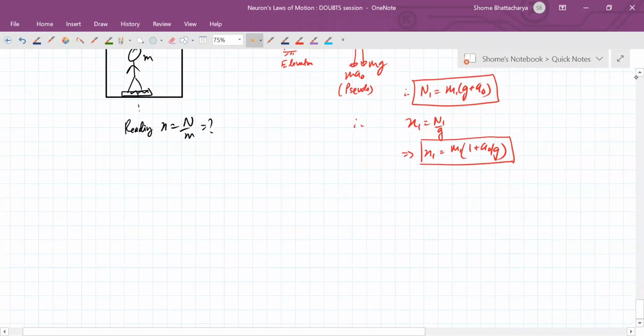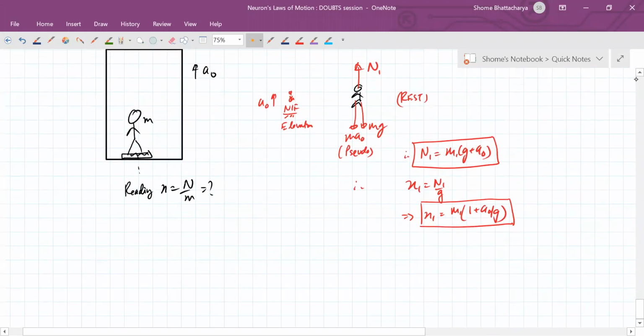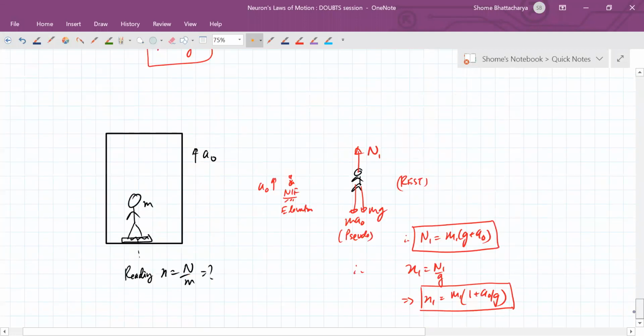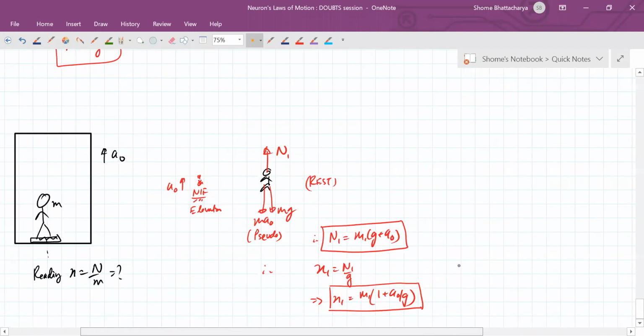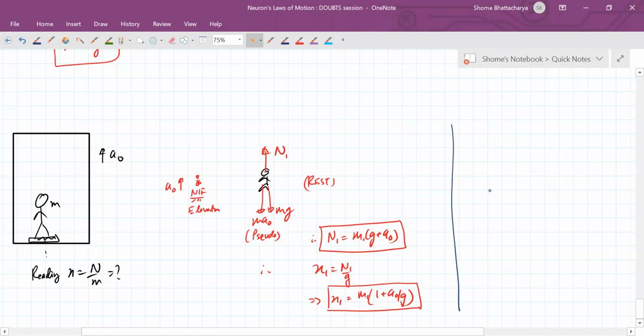You can come to the same conclusion, but by writing the equation differently, because in ground frame you see that the person inside the elevator seems to be going up with an acceleration a0. Now, with respect to an observer on the ground, this body is going up. The forces acting on it are only real forces, but the acceleration is not zero. The acceleration is now a0.